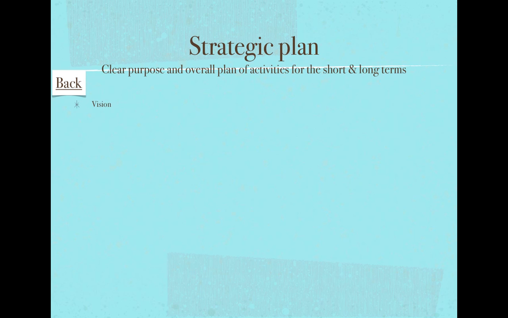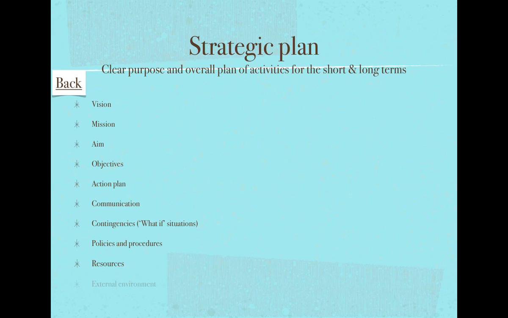So you have to establish a vision, mission, aim, objectives, action plan, which we'll talk about later, communication, contingencies, what-if situations, policies and procedures, resources, external environment, and then monitoring and evaluation. For all this, you have to deal with them in your strategic plan.